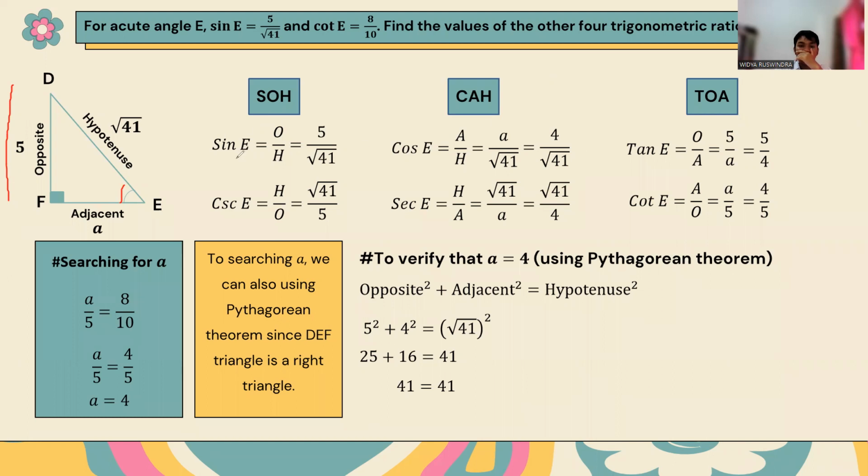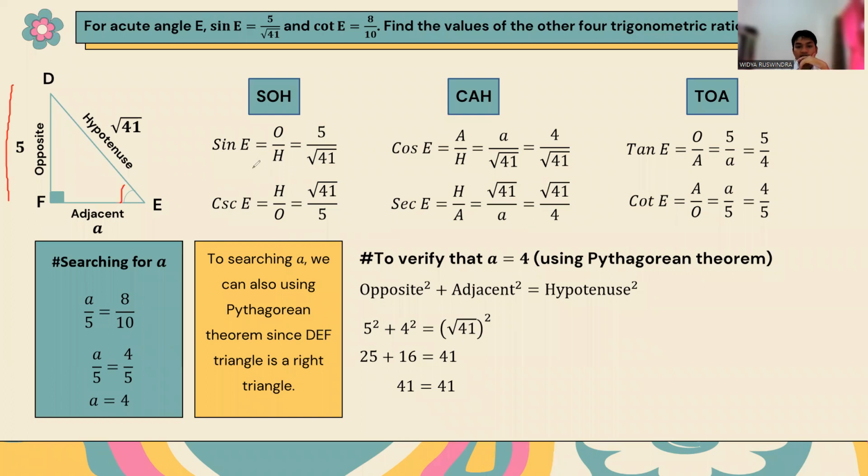So the sine of A is opposite side over hypotenuse, which is equal to 5 over square root 41.